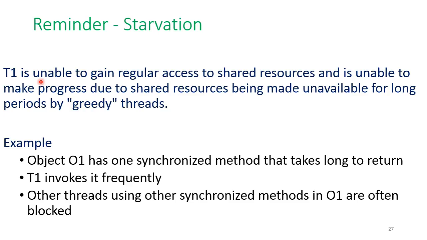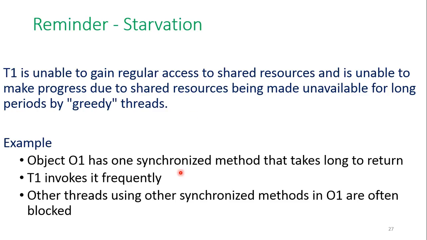So we have a thread T1, and this thread is unable to get regular access to shared resources with other threads, and is unable to make progress due to the shared resource being made unavailable for long periods, because they are locked by other greedy threads, quote unquote, that keep on reacquiring the lock on those shared resources. So that's a first definition of starvation.